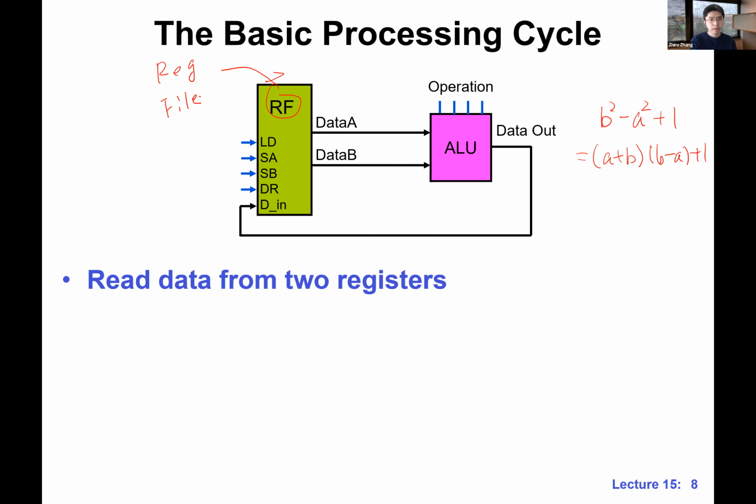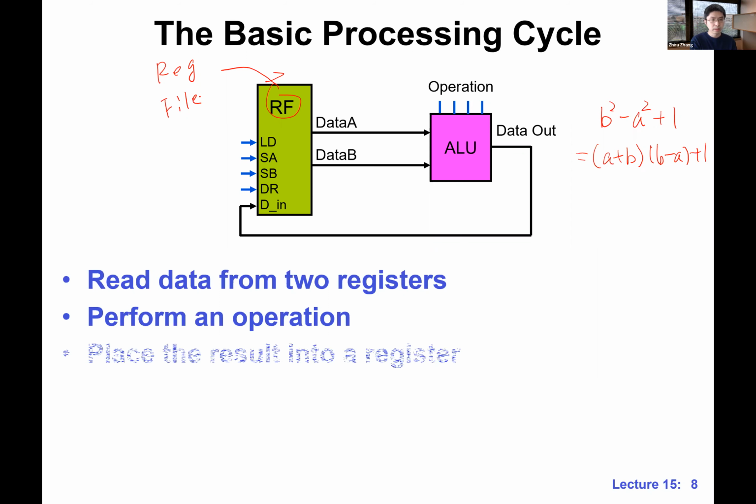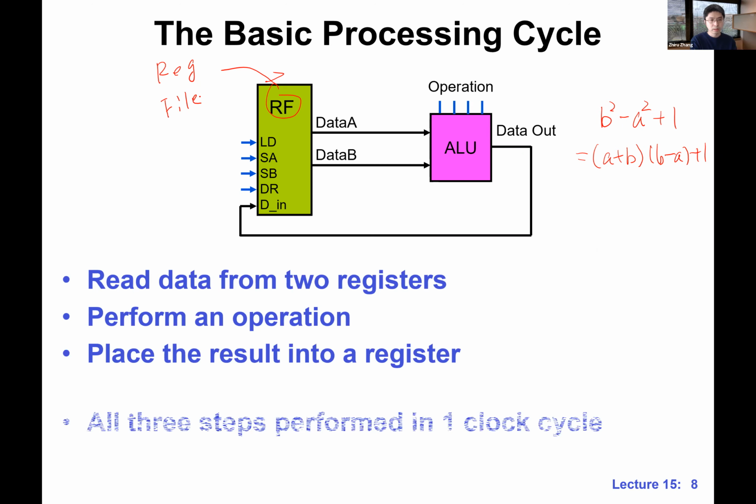Again, we read 2 data from 2 registers, perform some operation, then place the result back into a register. The reason this is called the basic processing cycle is because all these 3 steps can be done in 1 clock cycle. Any questions so far?